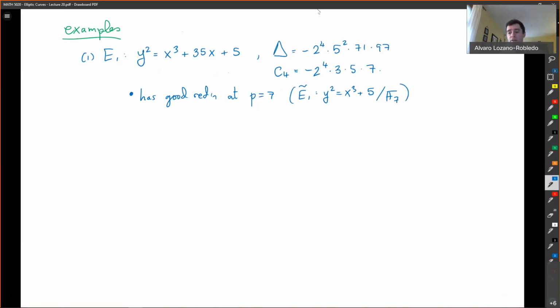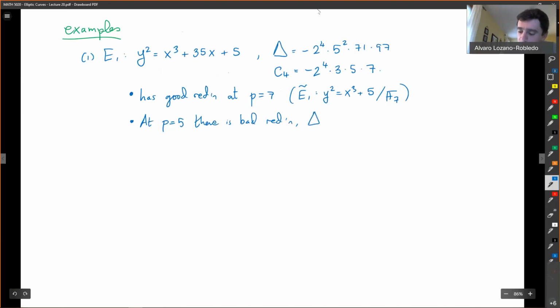However, at 5, there is bad reduction. And since the discriminant and c4 vanish mod 5, we have additive reduction.